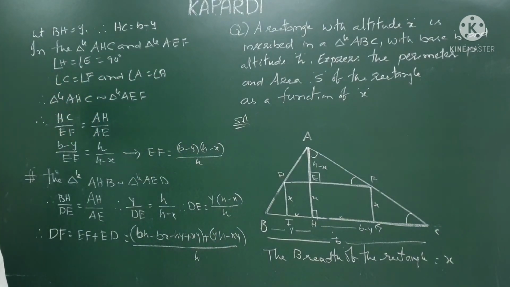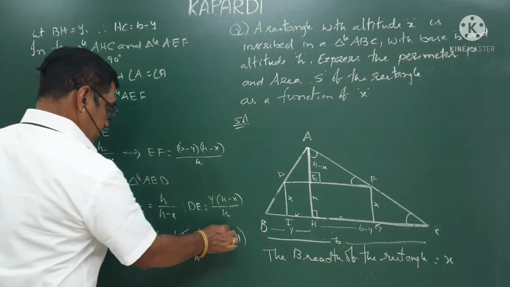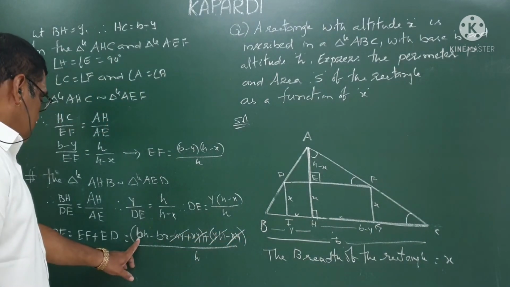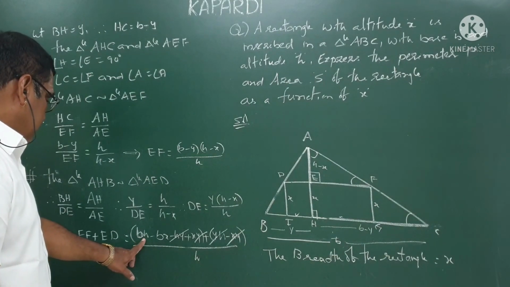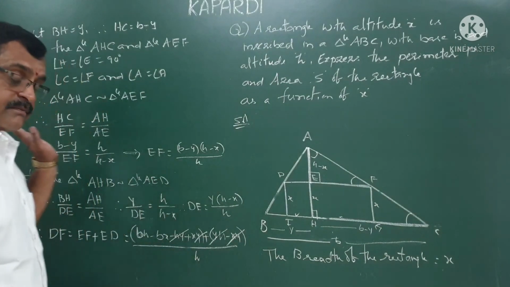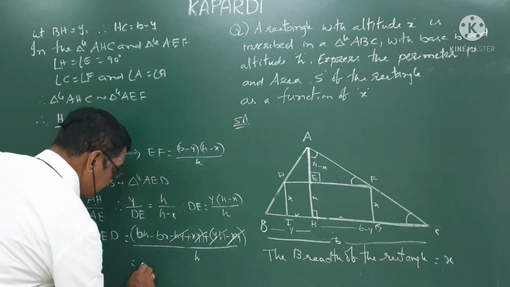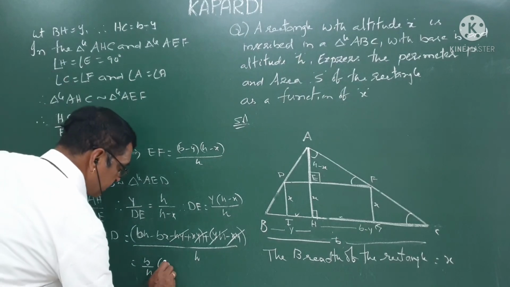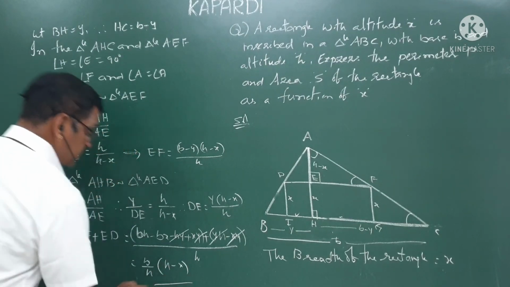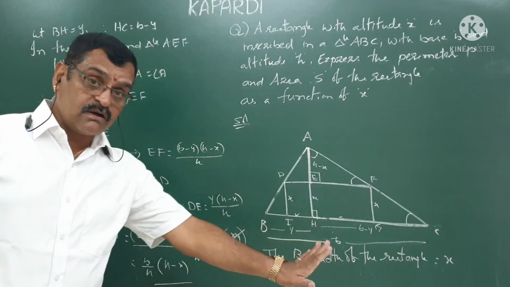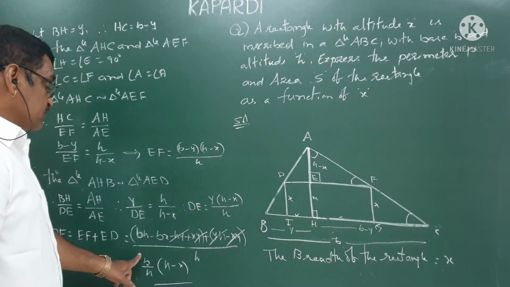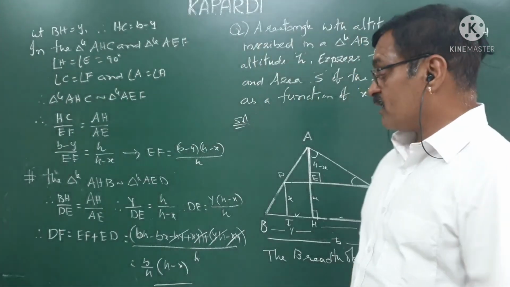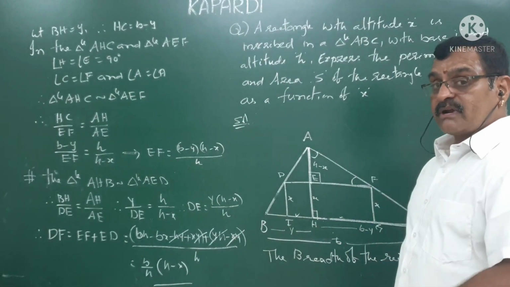Any cancellation? Yes, I can cancel. Hy I can cancel, and xy can cancel. I got BH minus Bx by H. So this is nothing but B by H times of H minus x. See, I got the length of the rectangle in terms of B, H, x, which are the given values. So I got the length. Now whatever I want I can find.